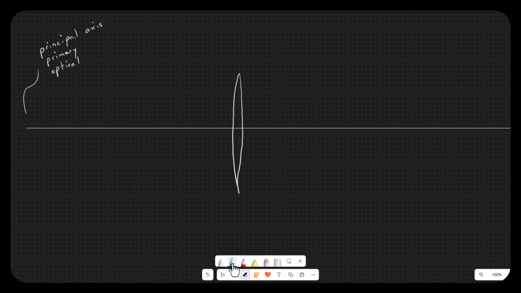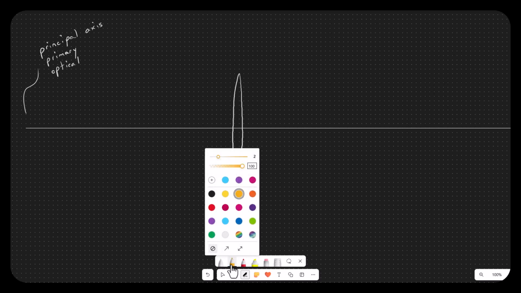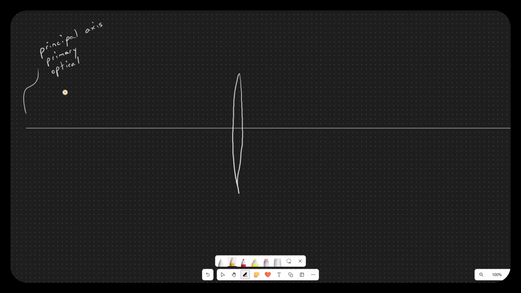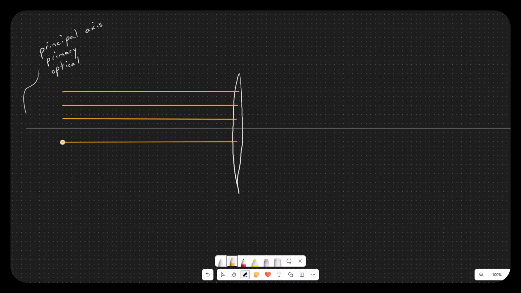If I have light rays that come in from really far away, those light rays would be traveling parallel to each other. So I have this ray that comes in, I have this ray that comes in, maybe I've got a ray over here that comes in, and these rays all hit my lens.